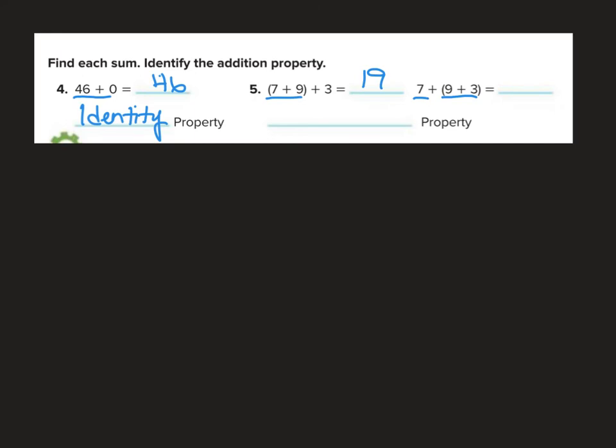Here I have 9 plus 3, which isn't going to be fun either, is 12, plus 7 is 19. Sorry, let me get this down. 16 plus 3. So this is our friend, the associative property, because we're grouping with those parentheses.